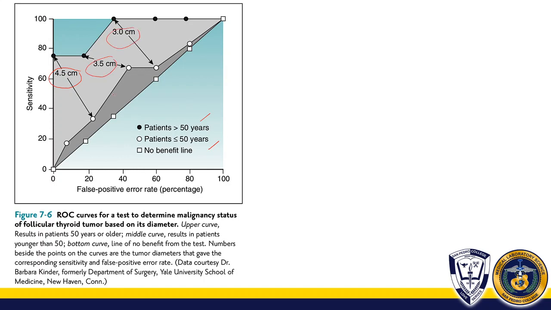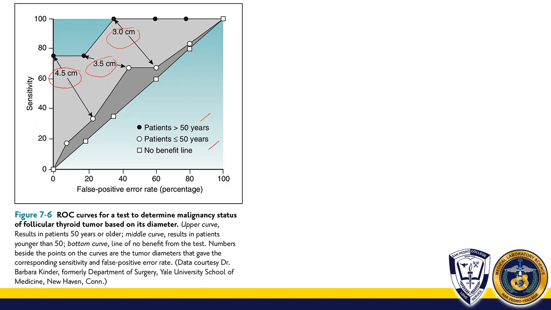So, as you can see, sa tumor diameter na 4.5 centimeters, ang sensitivity sa older patient is at most, kunwari, 75%. Sa mga bata, mga 35% lang. And then, kung tan-awon pa ninyo diri sa older individuals, 0% pa gyud ang false positive error. Pero dito sa mga younger ones, nasa mga 25.